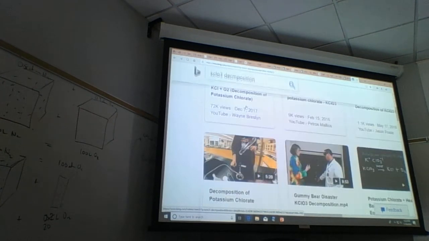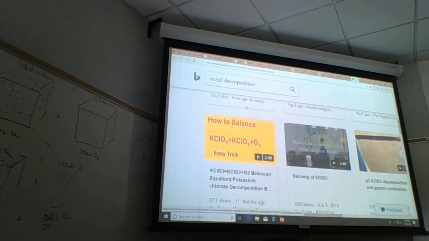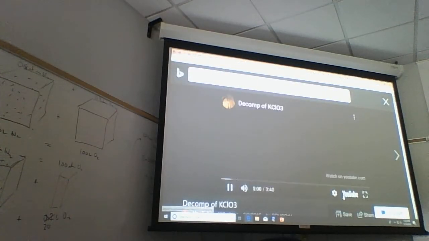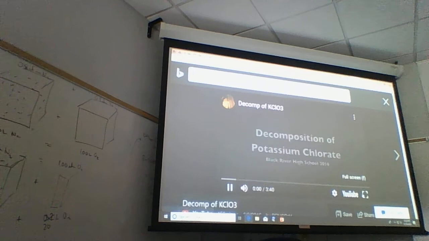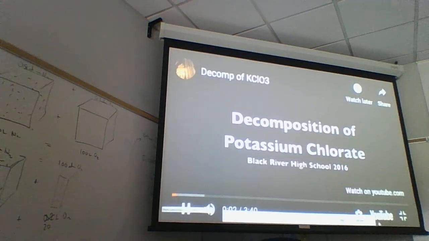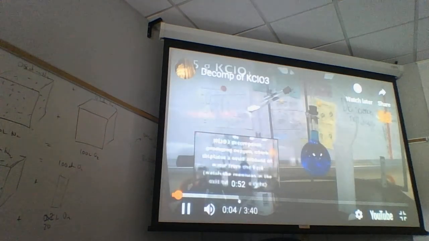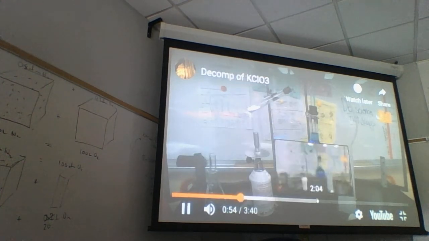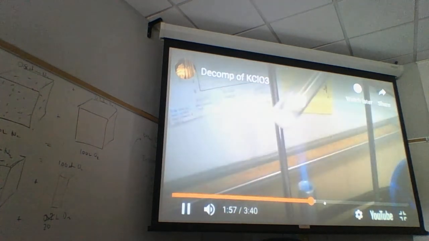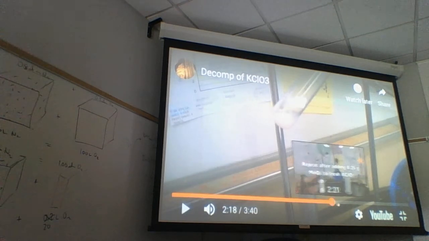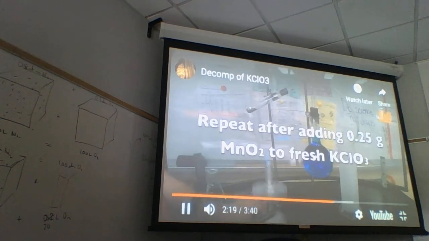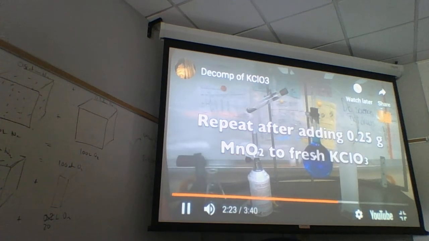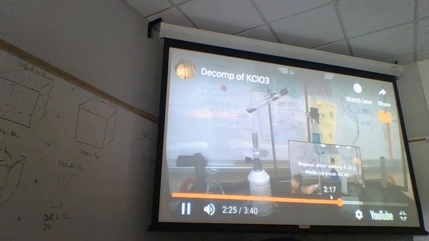It's much faster if you have a catalyst in there. That was quite a slow decomposition there. It's white, but if we add some black catalyst in there, it's manganese. See, this is with catalyst. So they added just a little bit, a quarter gram of MnO2 to help speed up this reaction.